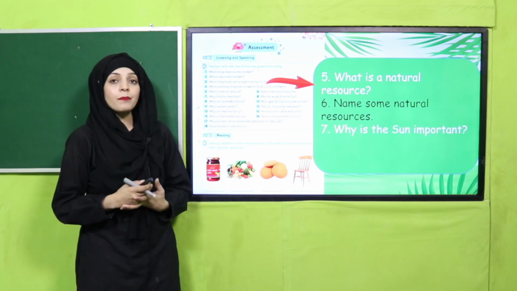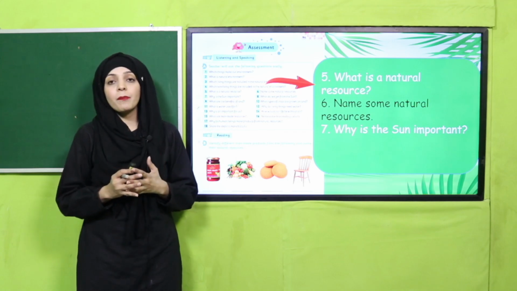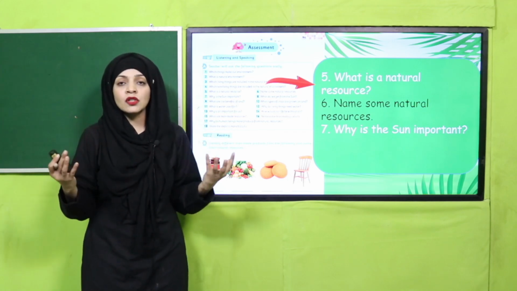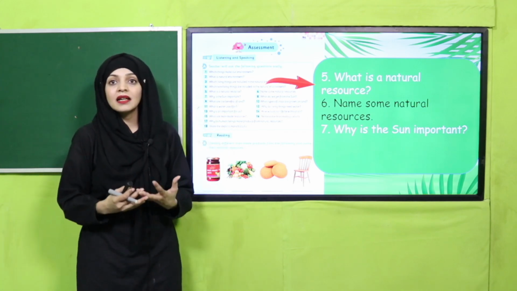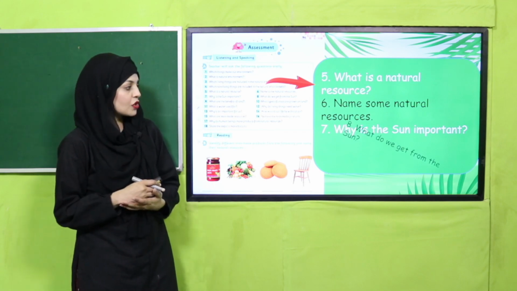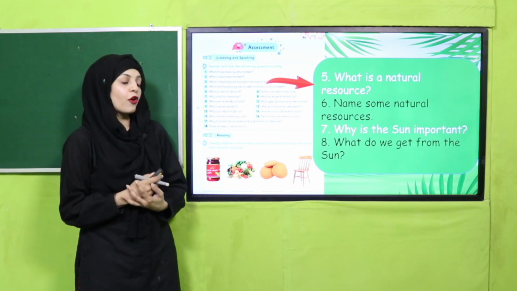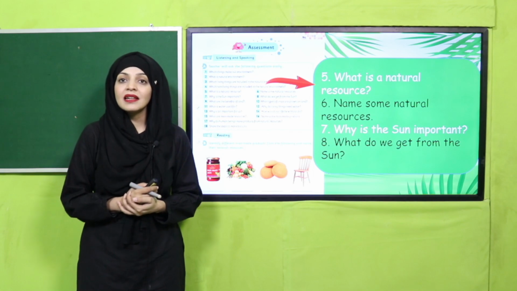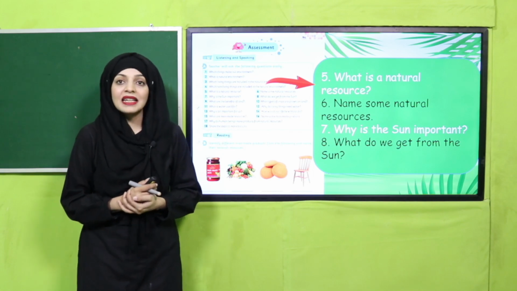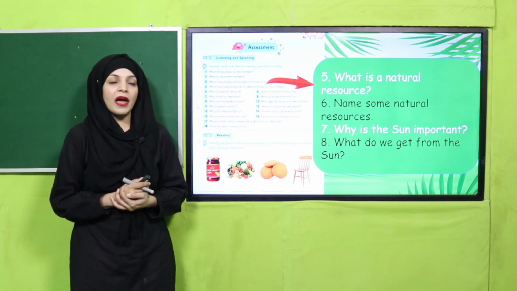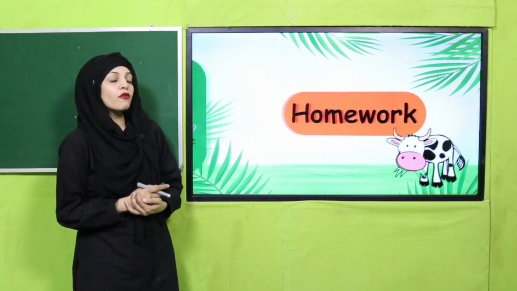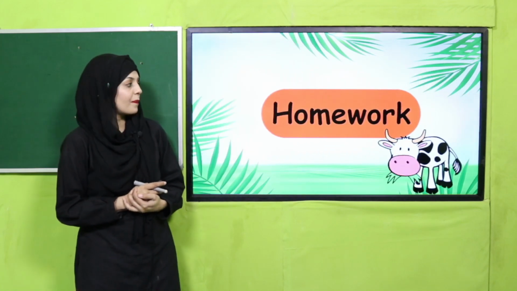Why is sun important? Sun is important because it is the main source of heat and light. Question number 8. What do we get from the sun? We get heat and light from the sun. Very nice.